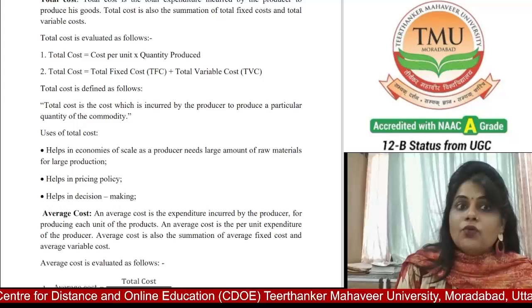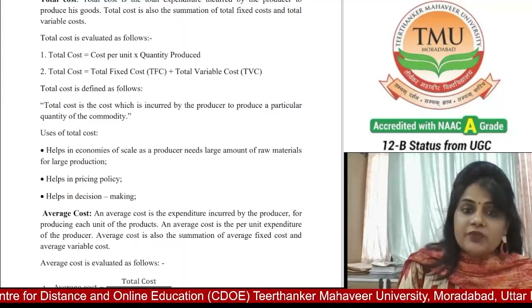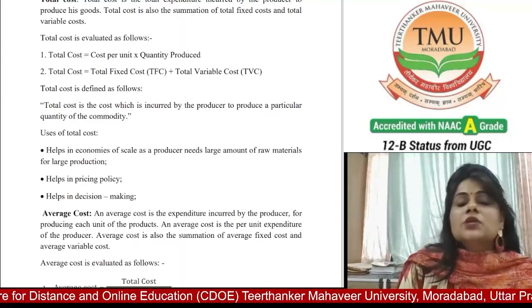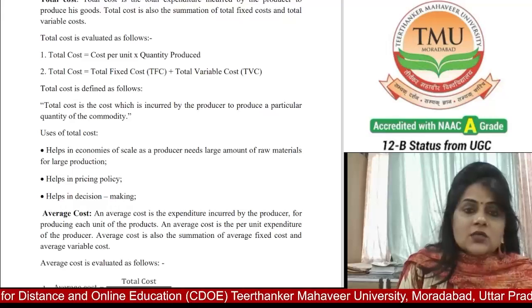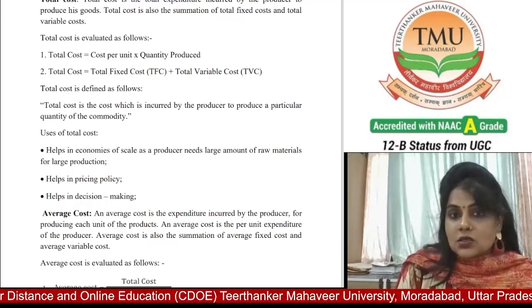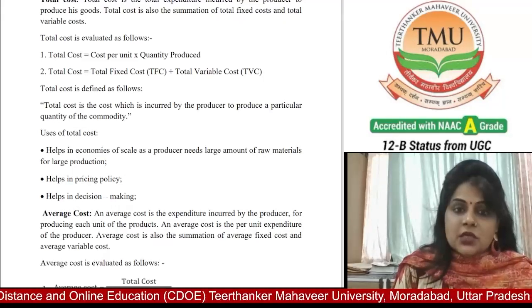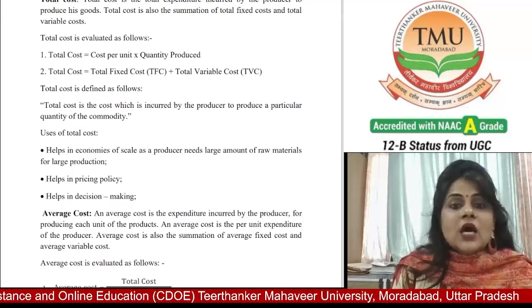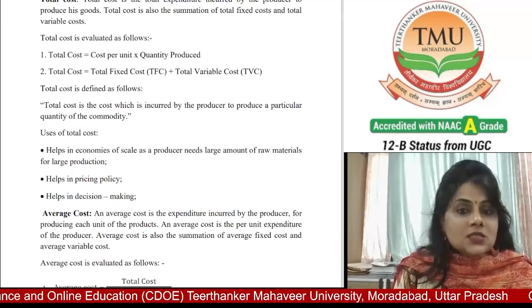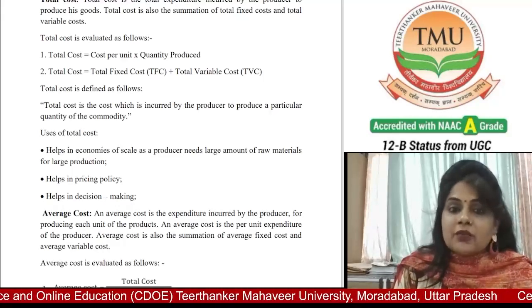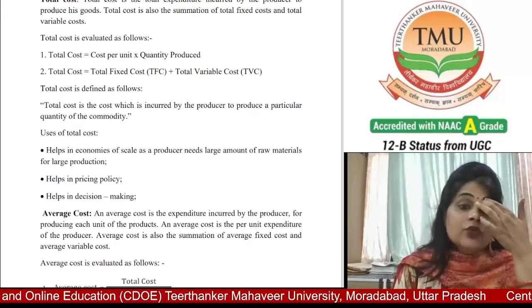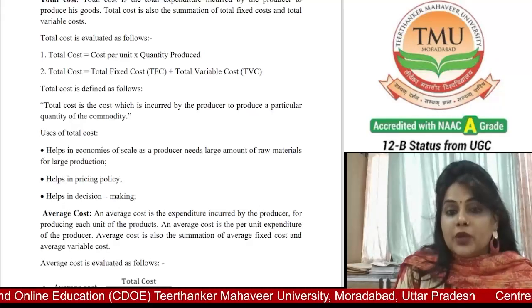What is fixed cost? I have also discussed it in the previous video, but in this video, I discuss it briefly. Fixed costs are costs that are constant. In other words, these are the costs that remain the same irrespective of the number of units being produced.